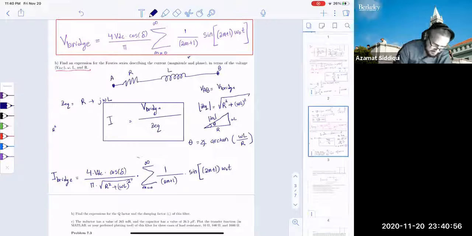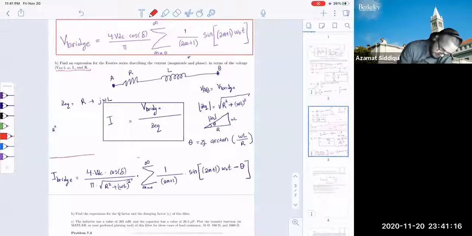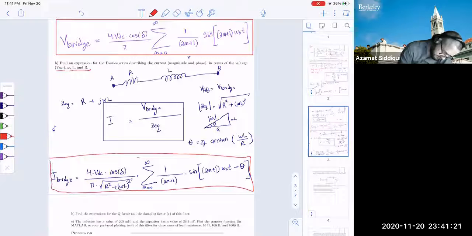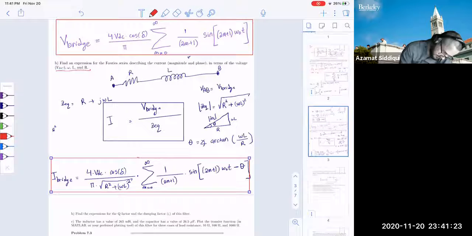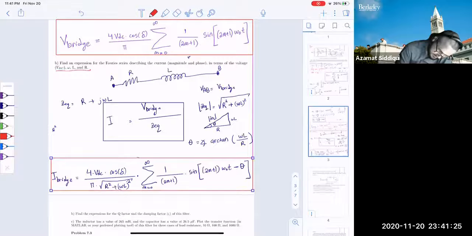And now, since we're dividing, we're going to subtract theta from it. We do know that theta is the arctangent of omega naught L over R. So this is our answer for the average current.